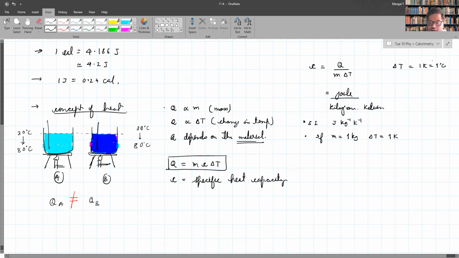I hope you follow that. If the temperature goes from 30 degrees to 31 degrees, that is a rise of 1 degree Celsius. The corresponding rise in Kelvin will also be 1 Kelvin. So if mass is 1 kg and change in temperature is 1 Kelvin, then c equals Q numerically.